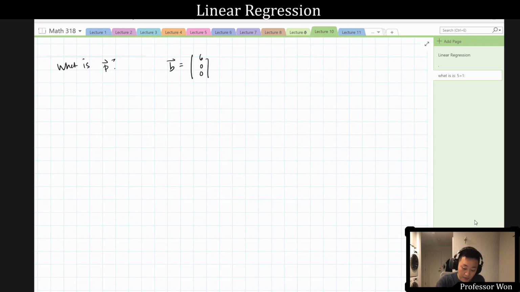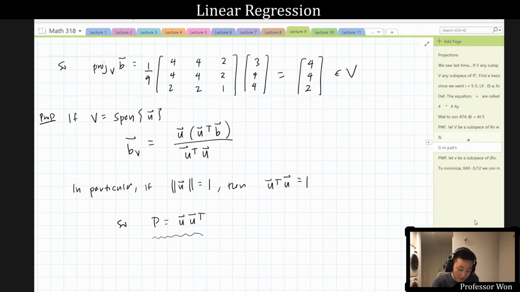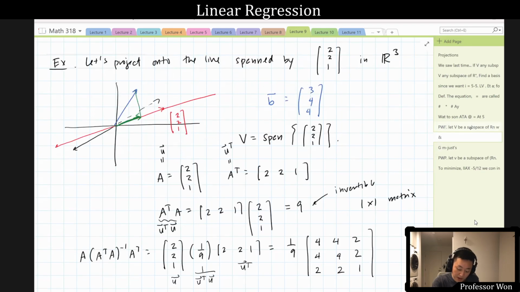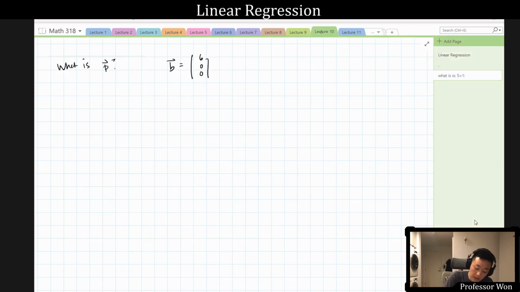And we had some normal equations last time, so let's remember them. We should multiply by this matrix, A transpose A inverse A transpose. So P will be A times (A transpose A) inverse times A transpose, and A here was this matrix, (1, 1, 1) and (0, 1, 2).